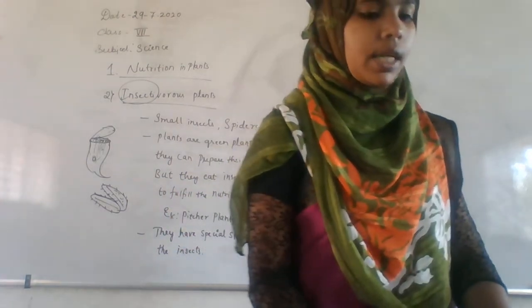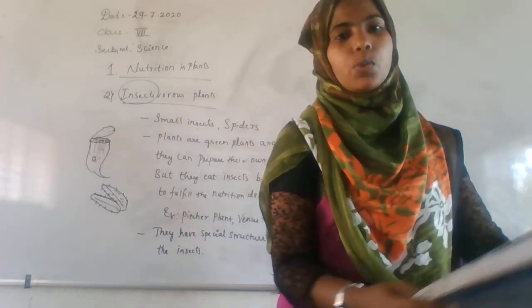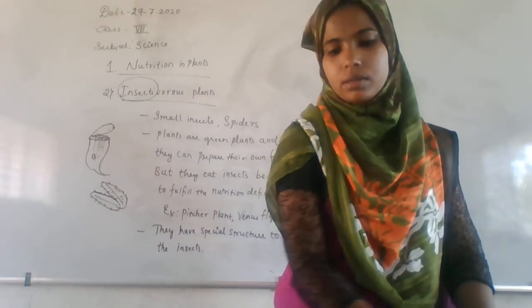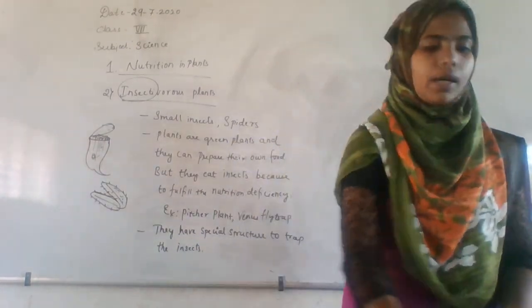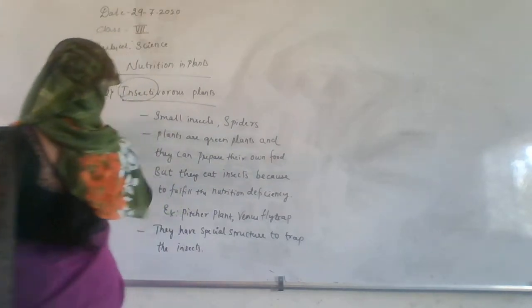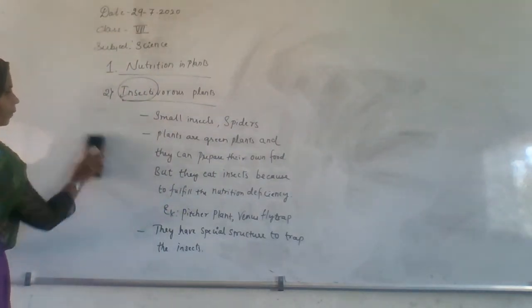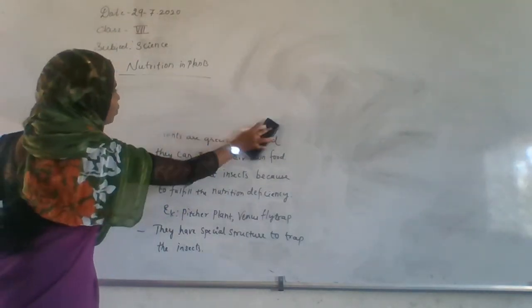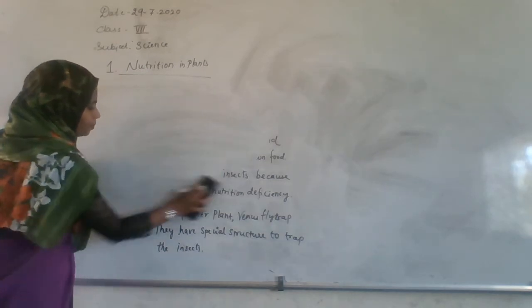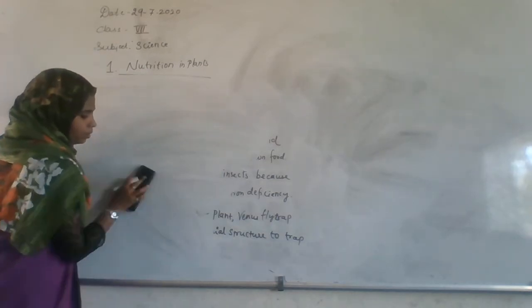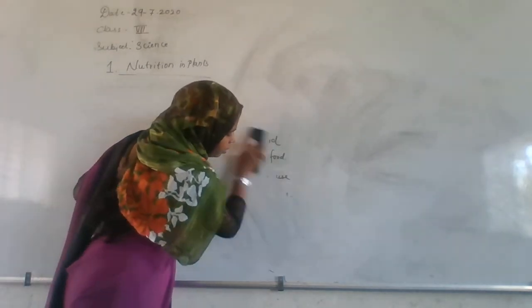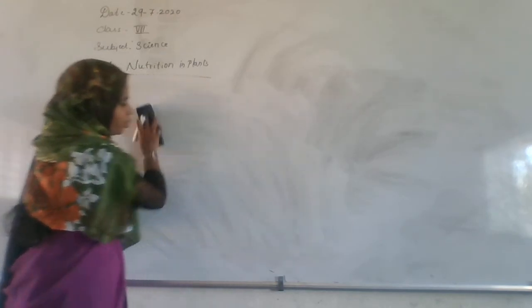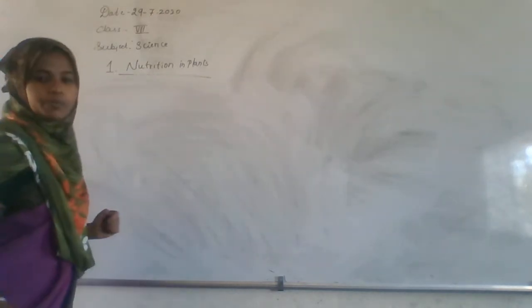And the next one, the last one, is symbiotic plants. I hope you are getting a clear idea about the insectivorous plants and parasitic plants. And please, whatever I am writing on the board, write it down in your rough books.